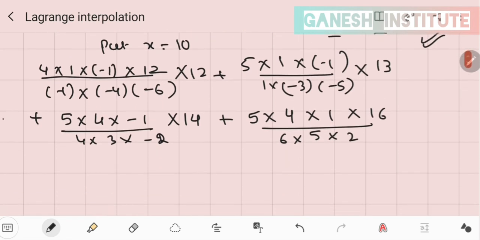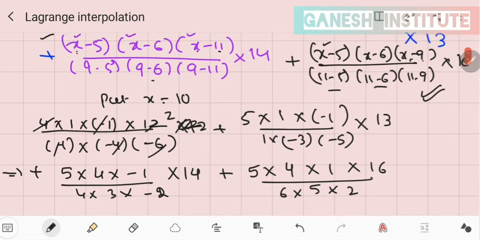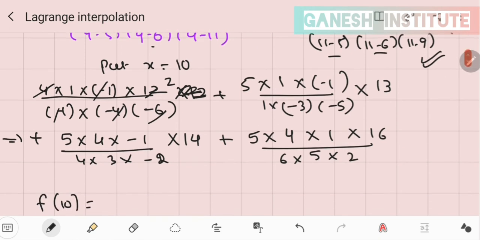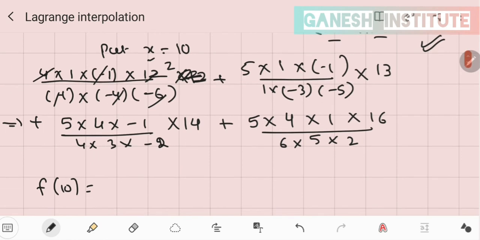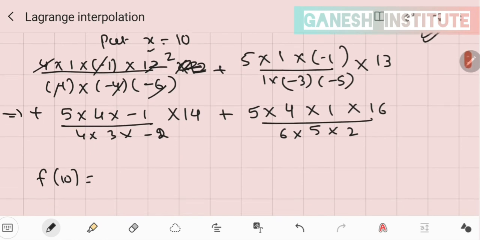Now solve this value for f(10). Minus is cancelled with minus, 4 with 4, and 6 is 2 times 3, and 12 is already here. What we are left with is only 2, and the minus is cancelled with minus, so only 2. Then here 5 is cancelled with 5, and one minus is left: 13 by 3.